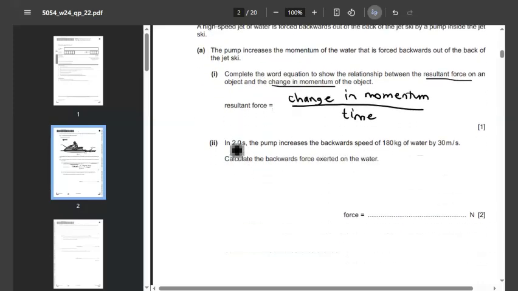Roman 2. In 2 seconds, the pump increases the backward speed of 180 kg of water by 30 meter per second. Calculate the backwards force exerted on the water. So to calculate the backwards force, we will be using the formula we just wrote. So force is equal to change in momentum divided by time. So we know that the equation for momentum is equal to mass multiplied by velocity.